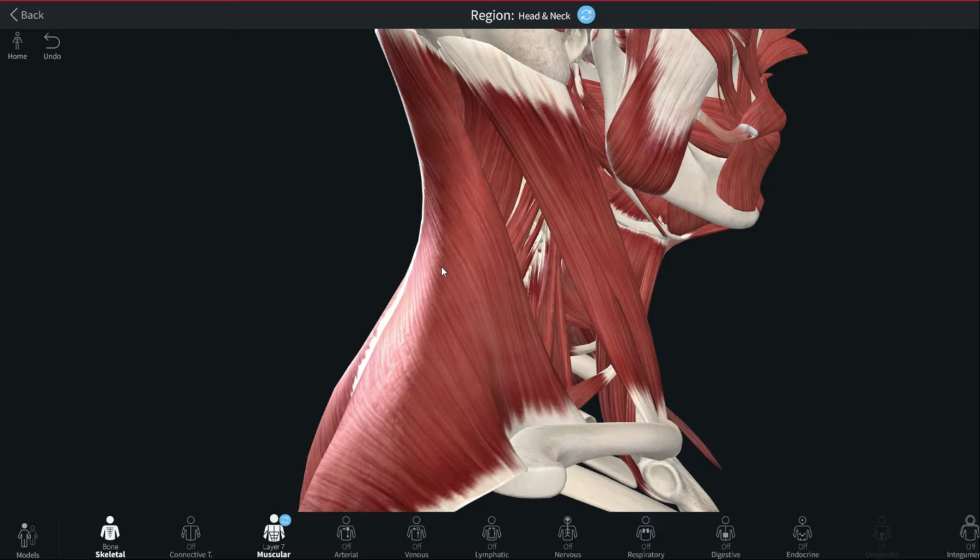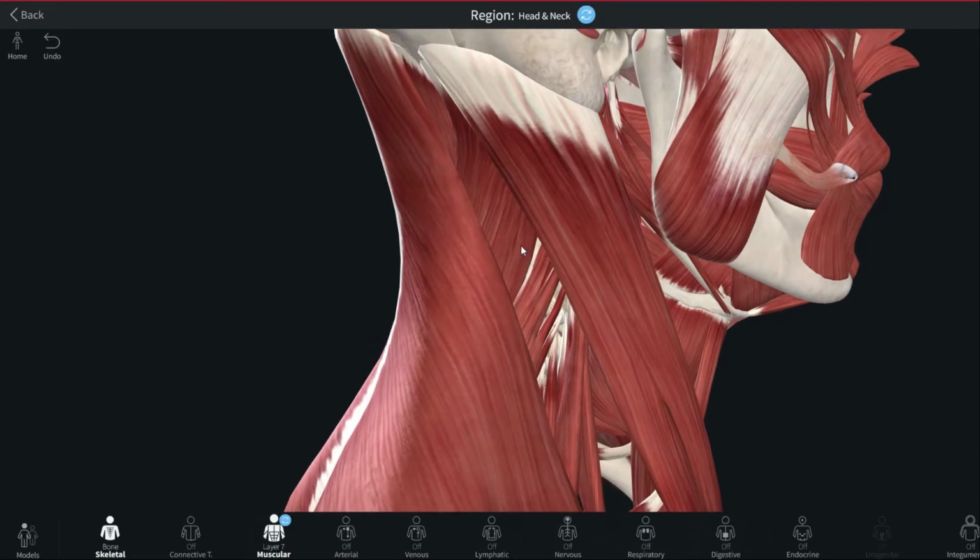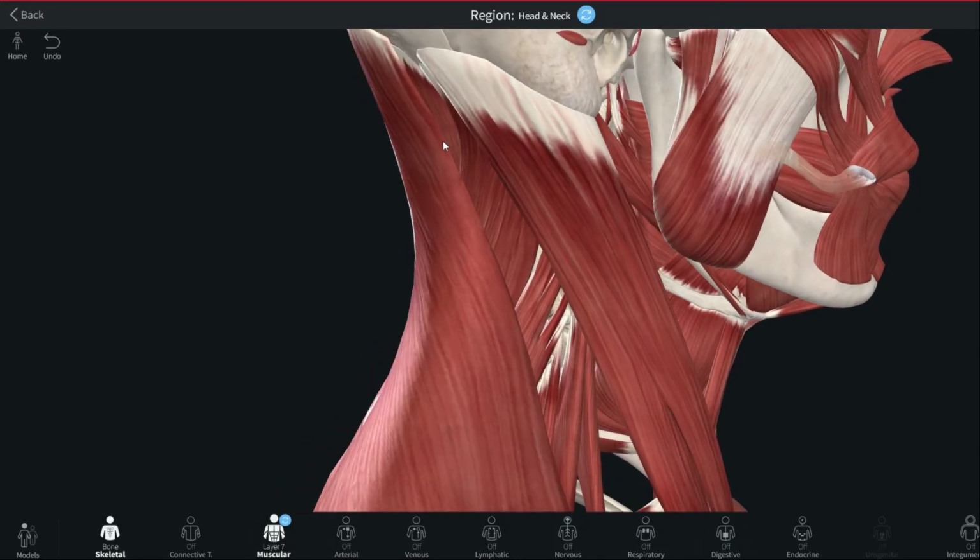Now let's move on to the floor of the posterior triangle. This is where real anatomical knowledge comes into play, and a little bit of, I would say, memorization comes into play. You see, it is very self-explanatory.